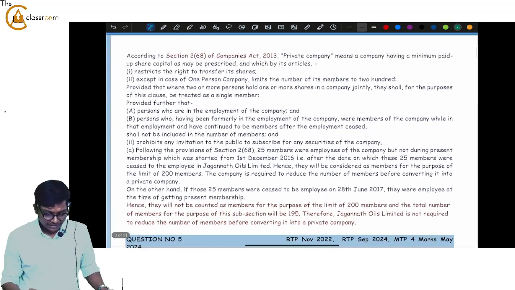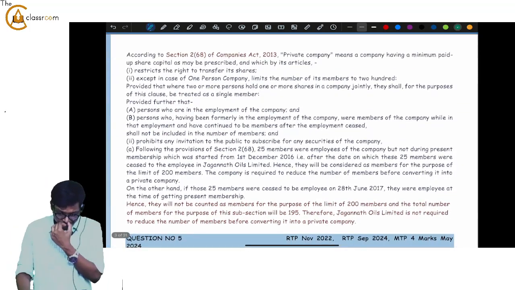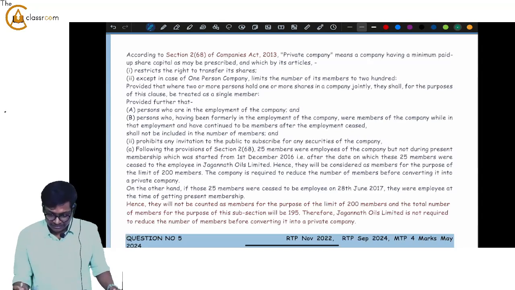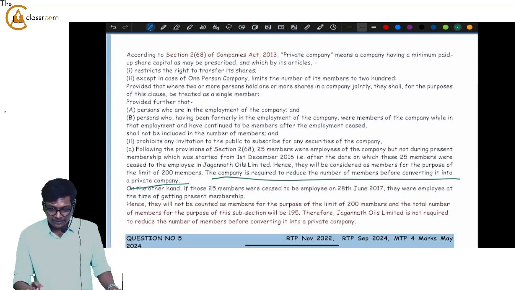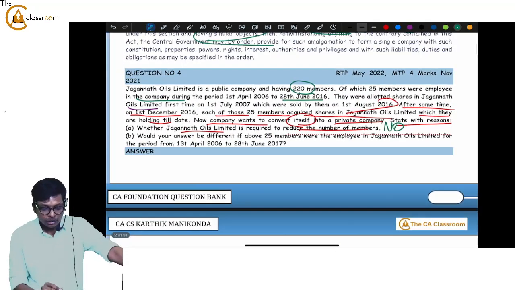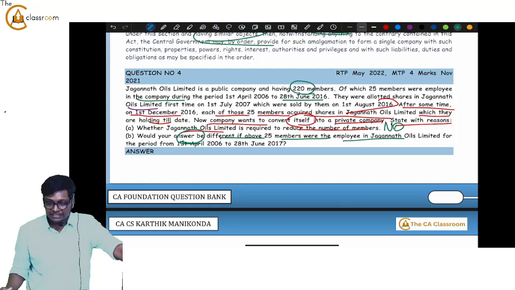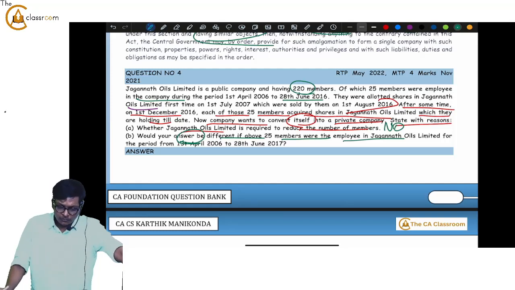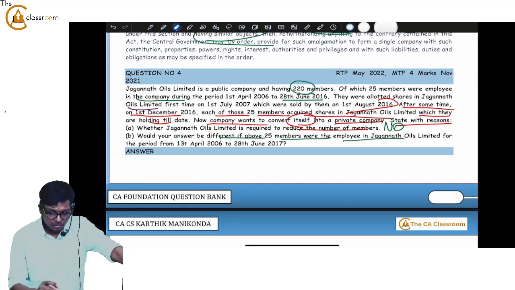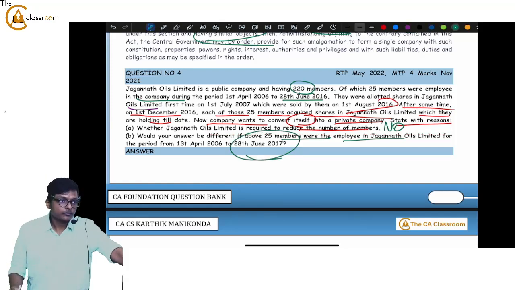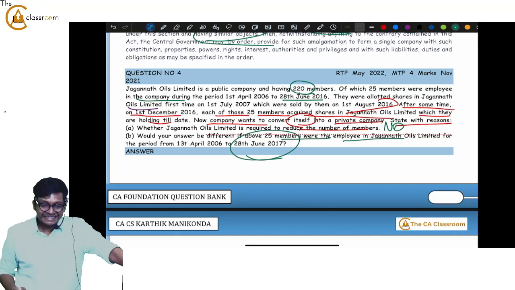Come down, where is case 1? Okay, first case answer is no, guys. The company is required to reduce and we have to count. Second case: would your answer be different if the 25 members were employees in Jagannath Limited for the period 13th April to 28th June 2017?